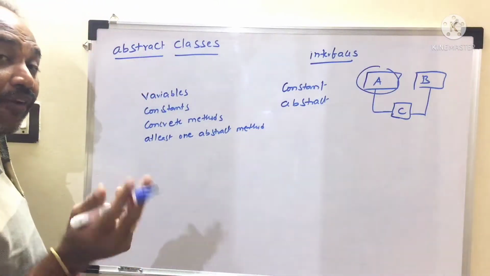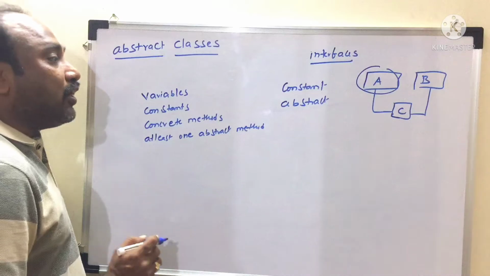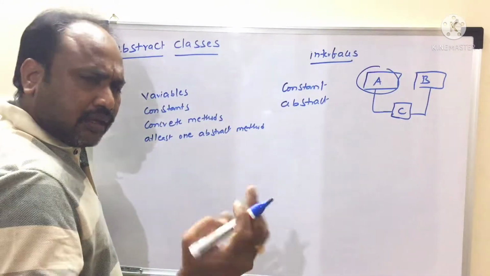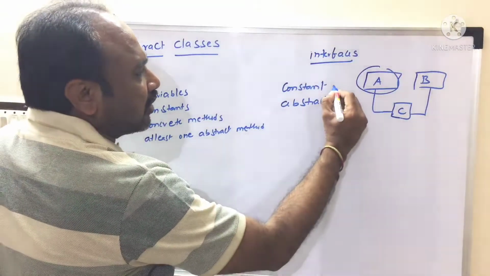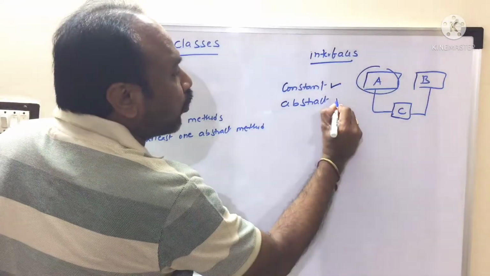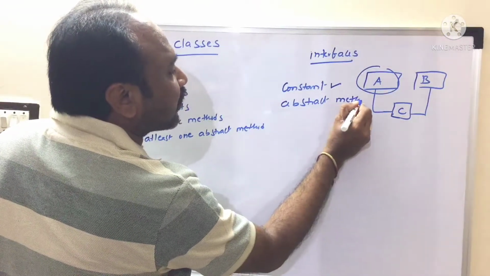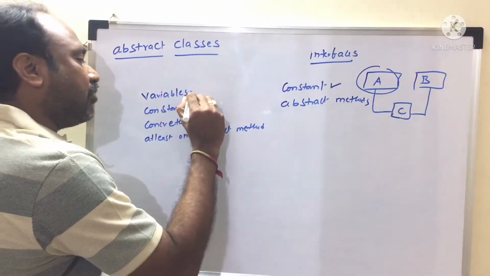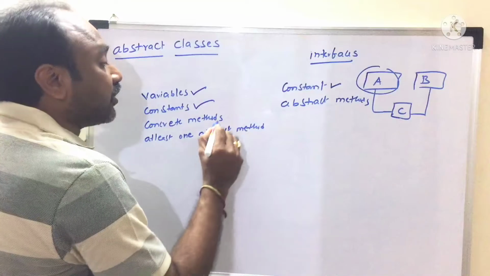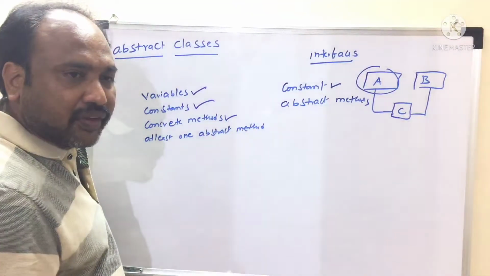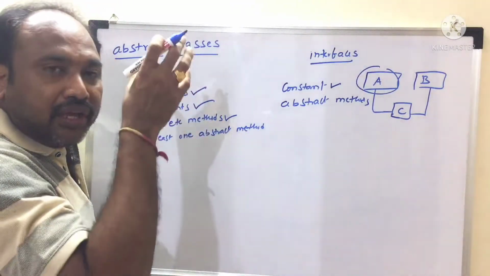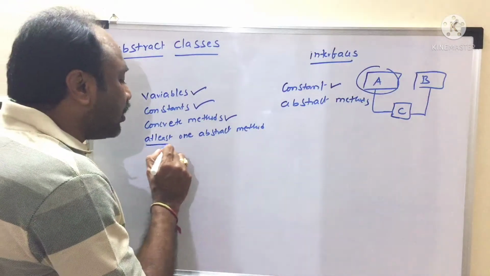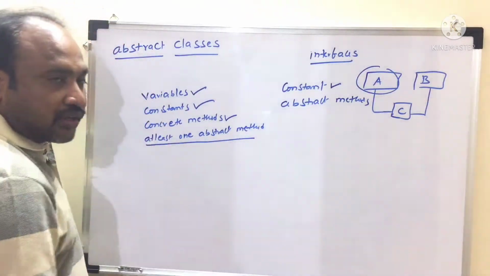Now you may raise a doubt: sir, what is the difference between class, abstract class and interface? Again, interface has constants and only abstract methods, whereas abstract class may have variables, constants, and concrete methods. What is a concrete method? A method having a body, a method having statements. There should be at least one abstract method. This is an abstract class.